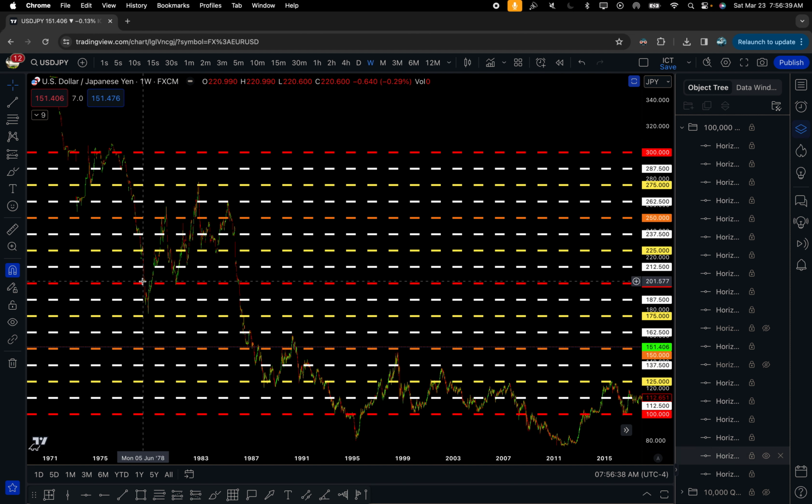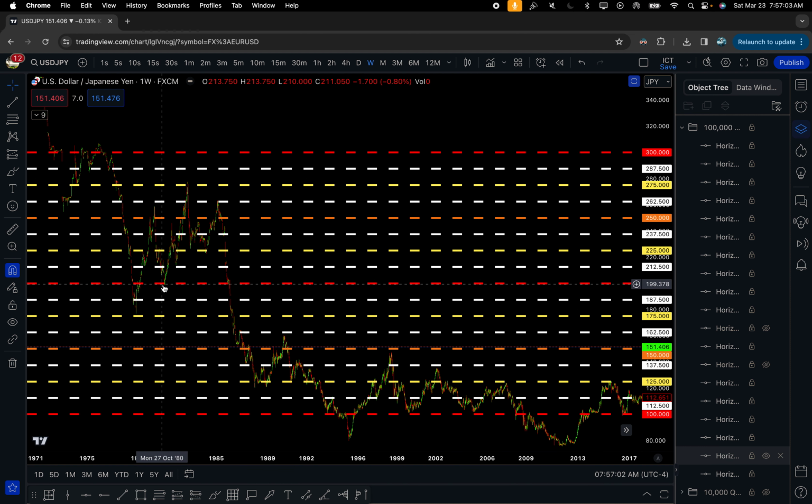Okay, smashed through 200 like a trampoline, kind of bounced up, kind of went down, bounced up like a trampoline, kind of hit the trampoline ceiling, as you could say, at this level, and then went down, bounced off of exactly 200, back up to here, and back down, and you can see there's just this symphony that goes on, and it's just reacting off these levels for whatever reasons.